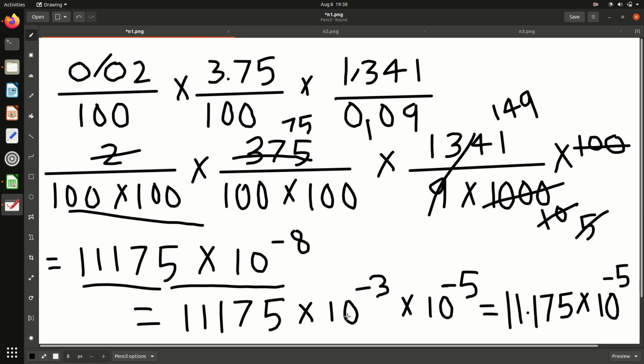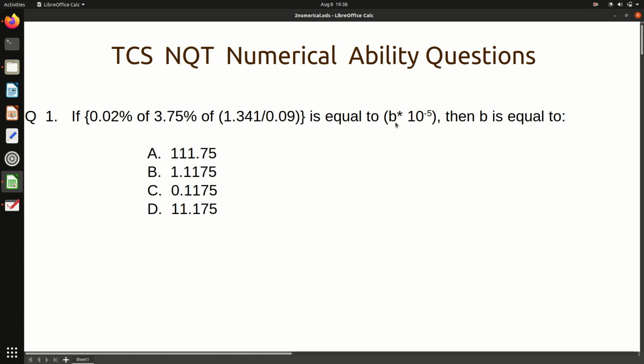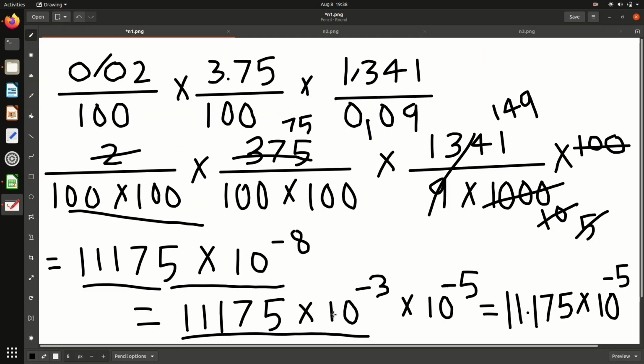So I can write like this. 10 to the power minus 8 could be written as 10 to the power minus 3 into 10 to the power minus 5. So we got this into 10 to the power minus 5. As the question was saying, something into 10 to the power minus 5, so we got this something into 10 to the power minus 5. So this will be the value of b, because b into 10 to the power minus 5 we got it.